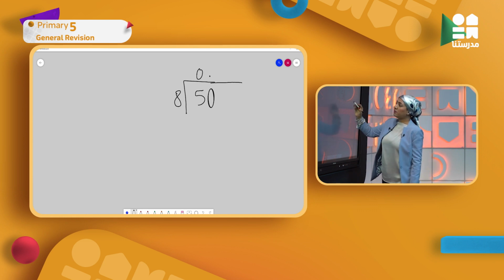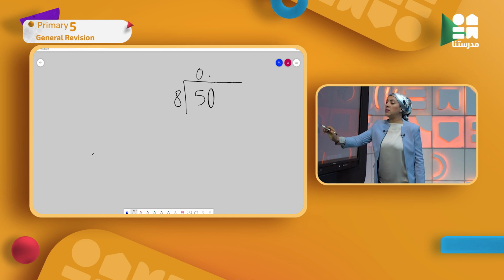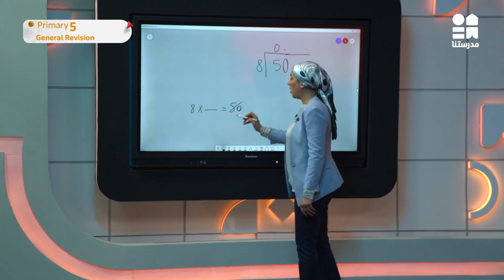So here in table 8, what times 8 or 8 times what gives me 50? None. So I will go down one number. So 49. Is there anything in table 8 whose product is 49?